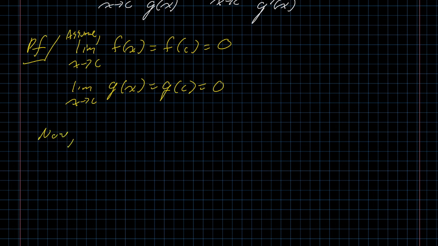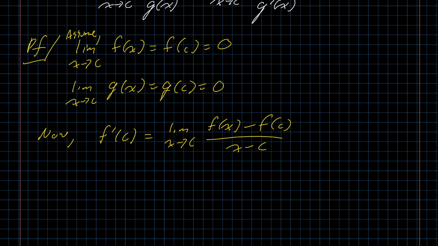Because now I can write the derivative of f of x, f prime of x, specifically at the point c. The limit definition, this is not the one that you're probably most familiar with, but it is one that you have almost certainly seen at some point. The limit as x approaches c of f of x minus f of c all over x minus c.